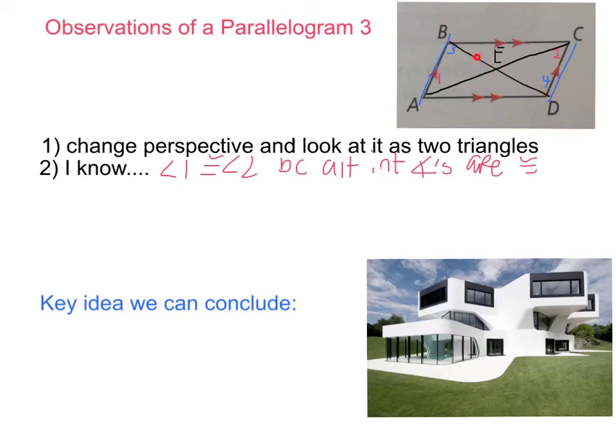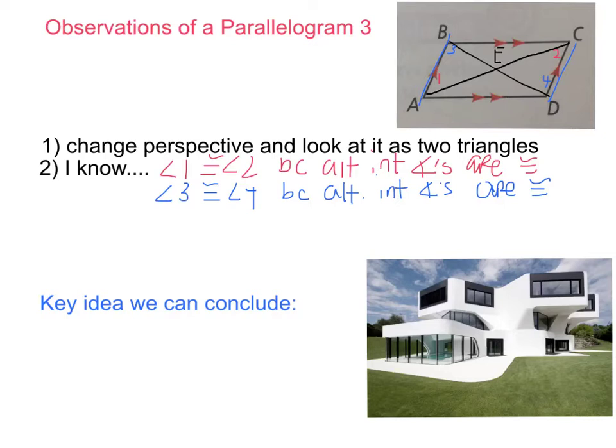Here's the transversal. The blue lines are parallel. Angle 3 and 4 are also alternate interior. So I can say that angle 3 is congruent to angle 4. And why? Because alternate interior angles are congruent.